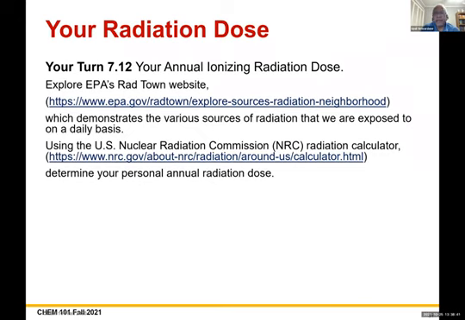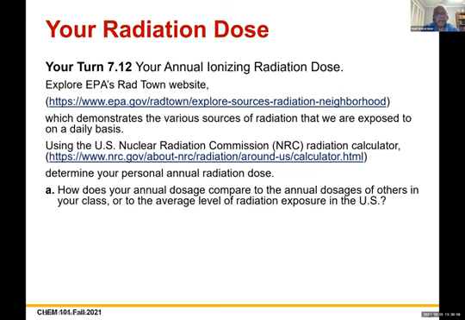Using the NRC, Nuclear Regulatory Commission's website, you can calculate radiation levels that you will be exposed to depending on where you live, your annual dosage. How does your annual dosage compare to the annual dosage of others in the class or the average annual exposure in different places in the United States?